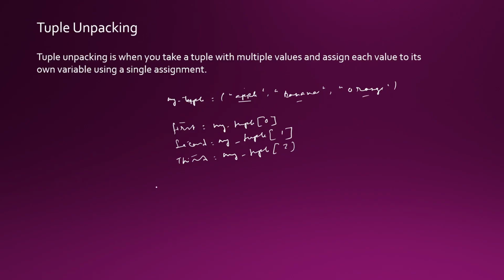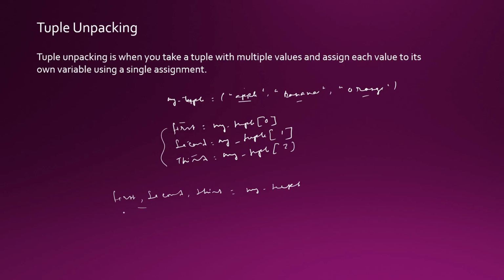But in tuple unpacking, instead of doing all these things, we just write first, comma, second, comma, third equal to my tuple. Just this single line.